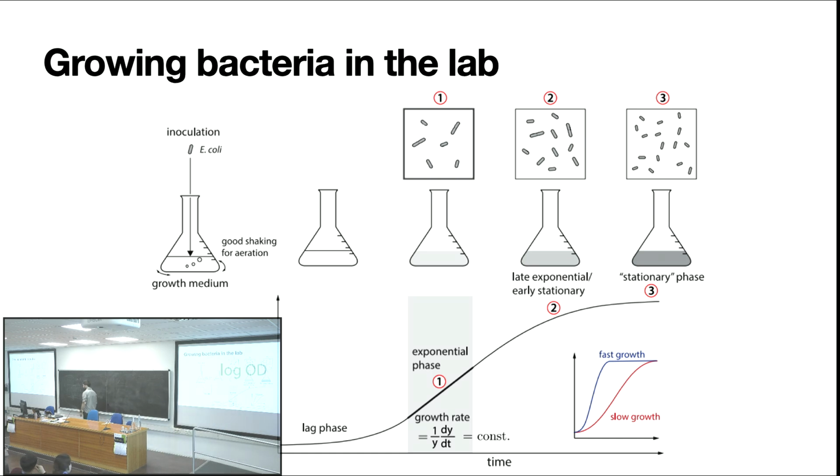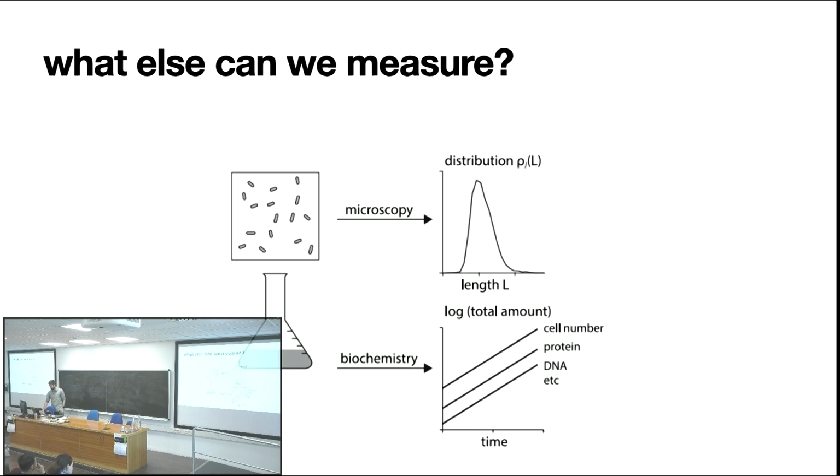And what I said is, okay, so you can grow these things, and you want to understand how they function, what keeps them alive, what they do when they are alive.